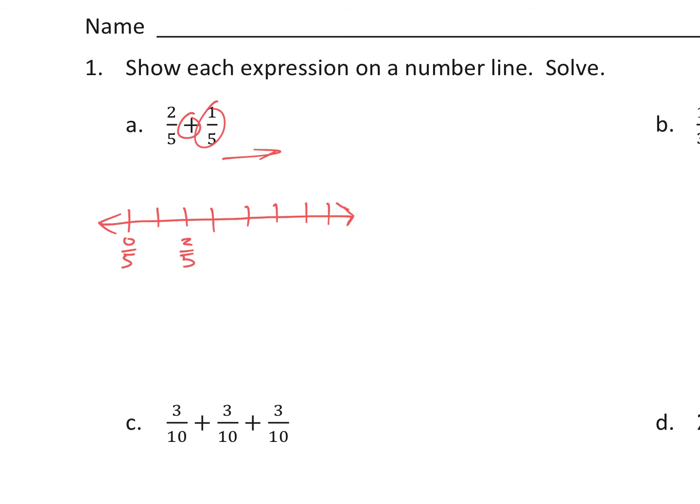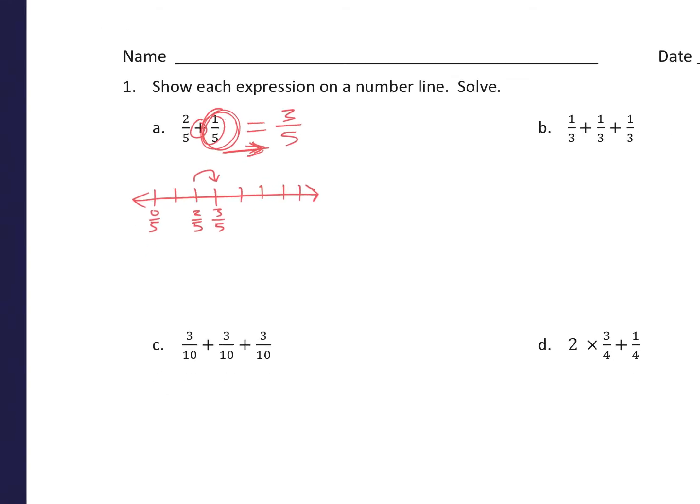So when we add a number, it moves over to the right, and we're moving 1/5, so one spot over. So we go right there to 3/5, right? And so I could write 2/5 plus 1/5 equals 3/5. That's how we show our work using a number line.